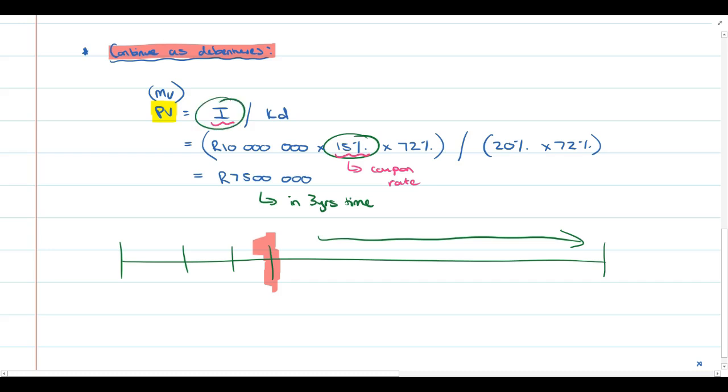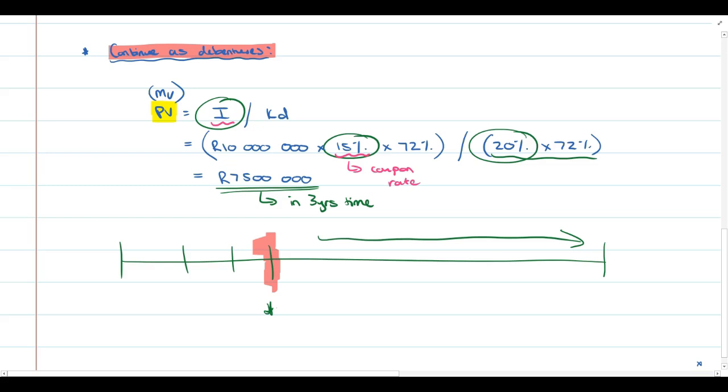So the interest has been correctly calculated. And the cost of debt into perpetuity, based on current information that we have available, is 20%. So the value of these debentures in 3 years' time, at this point in time, is 7.5 million rand.